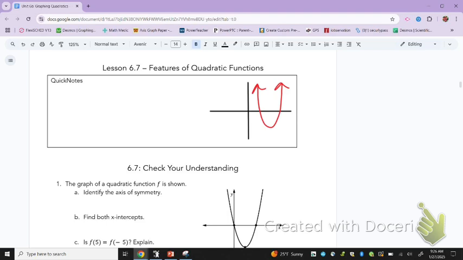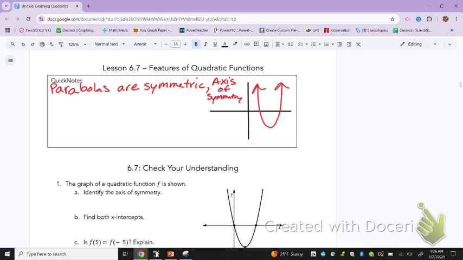So the biggest thing is that parabolas have symmetry. They are symmetric. And again, this middle part is the axis of symmetry, which is why we call it the axis of symmetry.